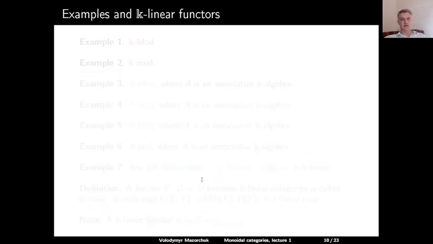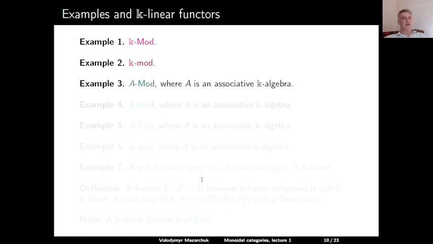Here are some examples. Of course, the category of all K vector spaces is K-linear, and similarly, the category of all finite dimensional vector spaces is K-linear. The category of all modules over some associative K algebra is K-linear, and the category of all finitely generated modules over an associative K algebra is K-linear.